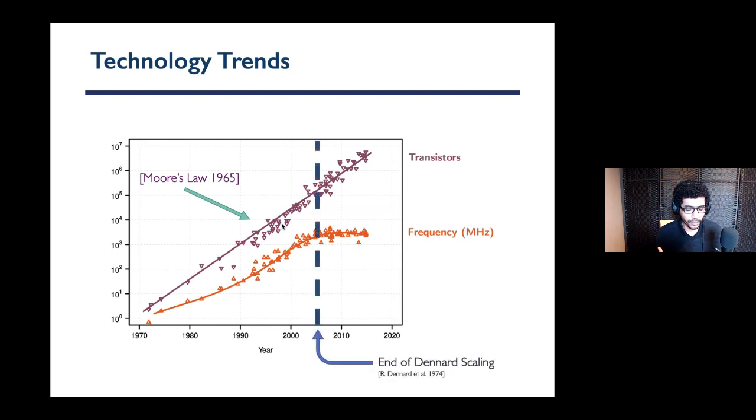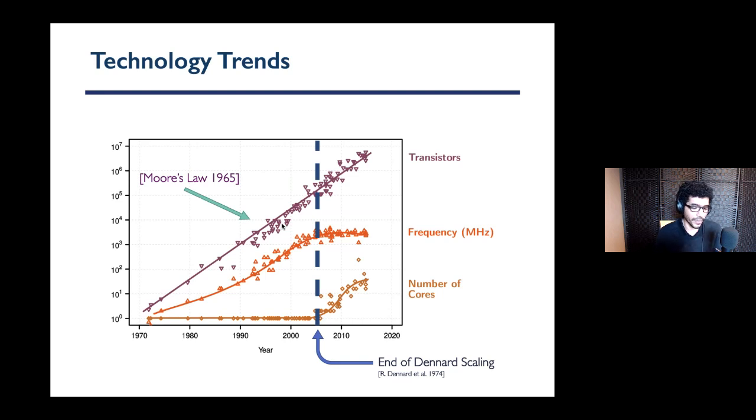Unfortunately, around 2004 or 2005, Dennard scaling ended. What happened was that as we kept making our transistors smaller and smaller, they started leaking power. Power leakage became a big deal and made us slow down a little bit.